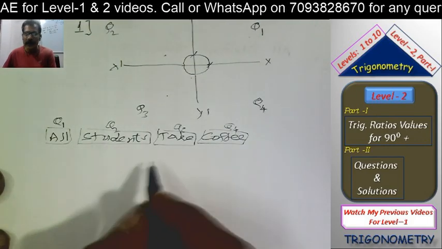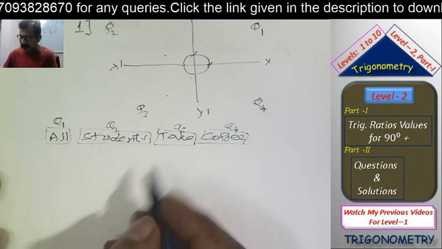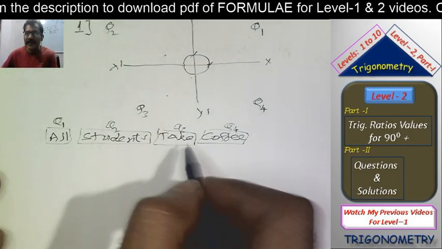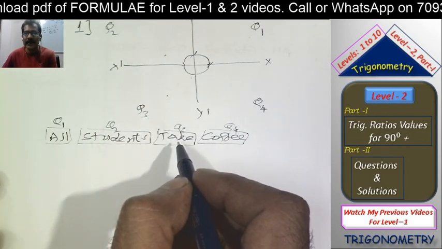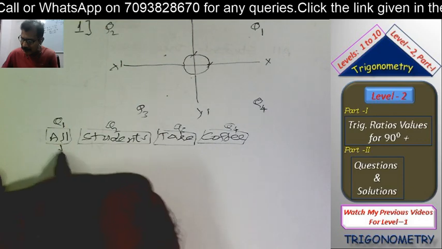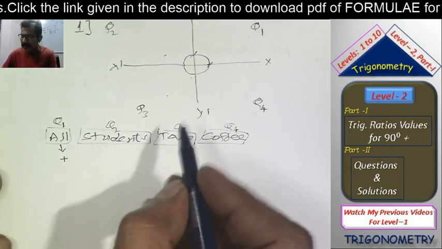Then how do we use this to understand in which quadrant which ratio is positive or negative? In quadrant 1, I said this statement is called the positive statement. This explains about only the positive signs. So in quadrant 1, all are positive. In the sense, in first quadrant, all means all the 6 ratios are positive.